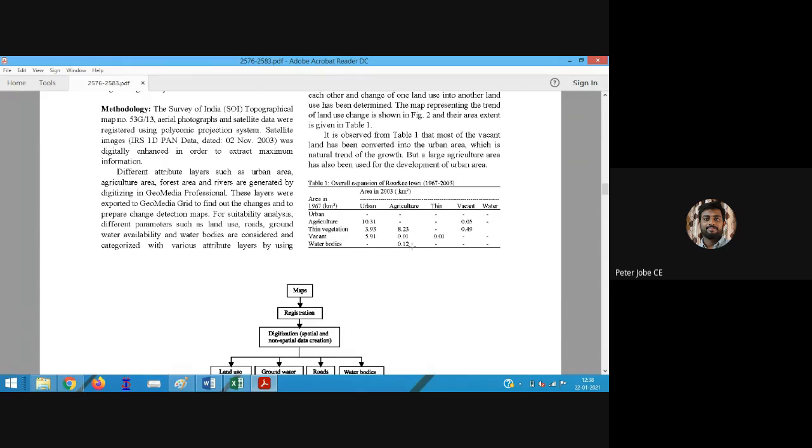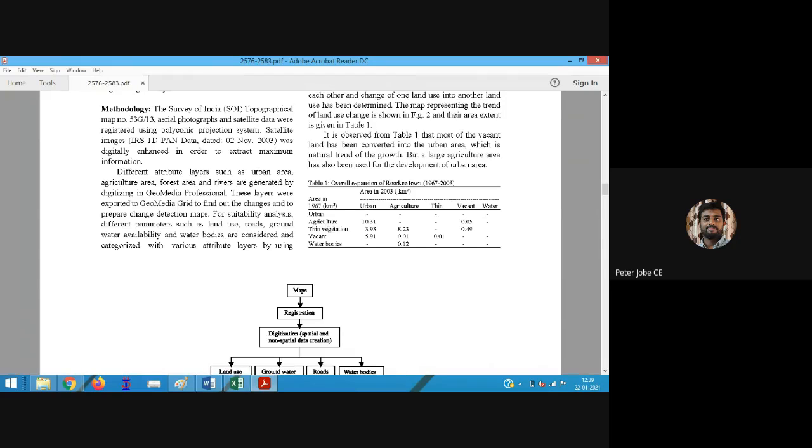So if you see the agricultural land area in 1967 was 10.31 square kilometers, and how it has changed in 2003.